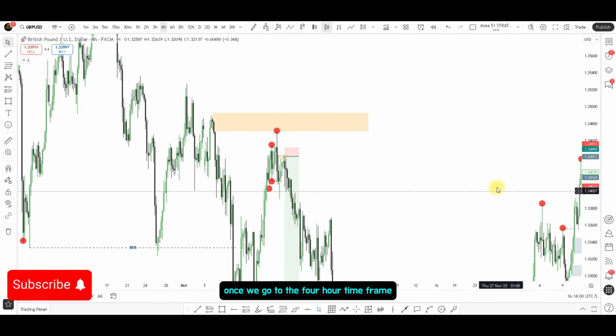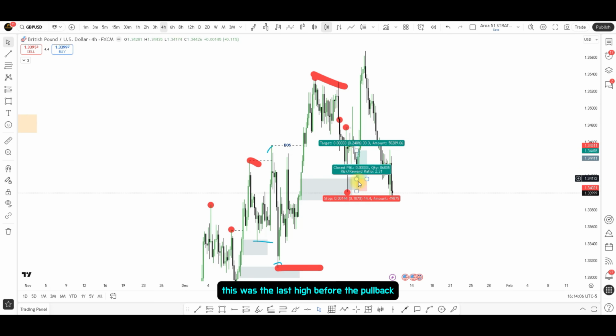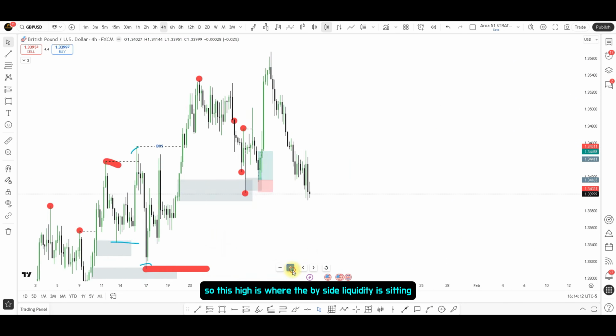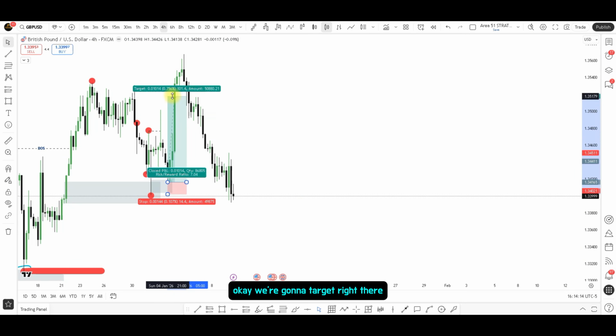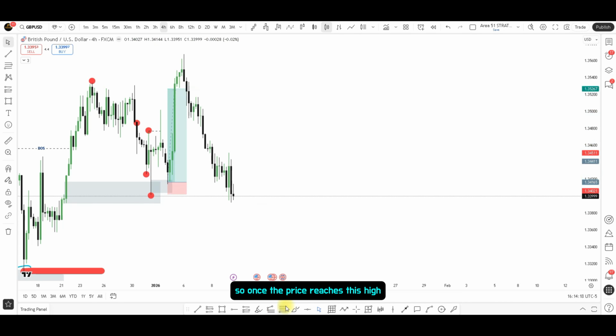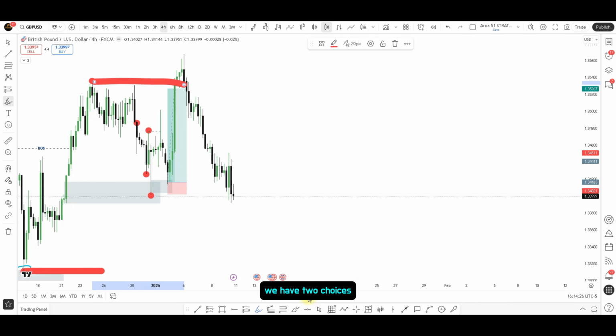We're gonna go to the 4-hour time frame. Once we go to the 4-hour time frame, we're gonna target this high. This was the last high before the pullback. So this high is where the buy side liquidity is sitting. Okay, we're gonna target right there, this high right here. So once the price reaches this high, we have two choices.